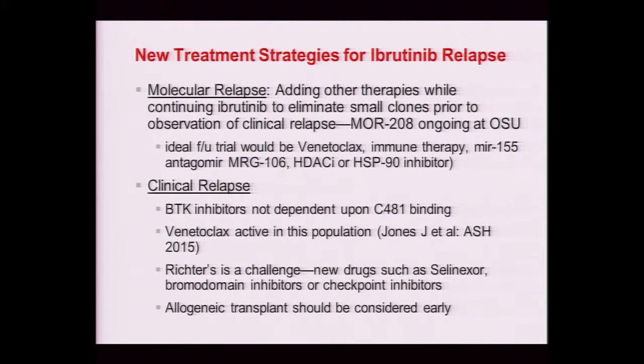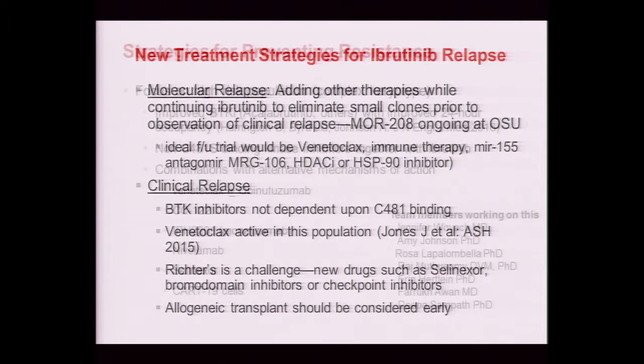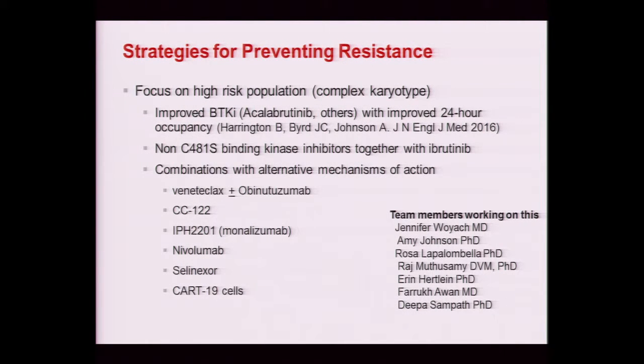So what are we doing now to apply this data? Lab, clinic, we're using this molecular relapse to target patients with new therapies while they're on Ibrutinib to try to get rid of these resistant clones. And we're also developing therapies that go after patients who have clinical relapse. But really, we're trying to use the molecular relapse that we've identified with laboratory testing.